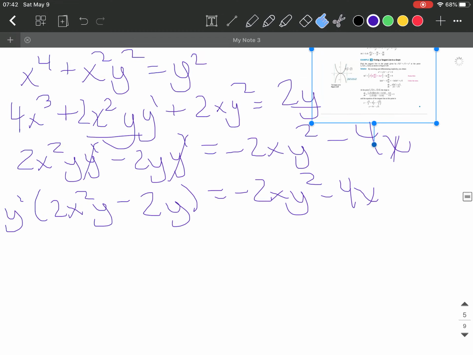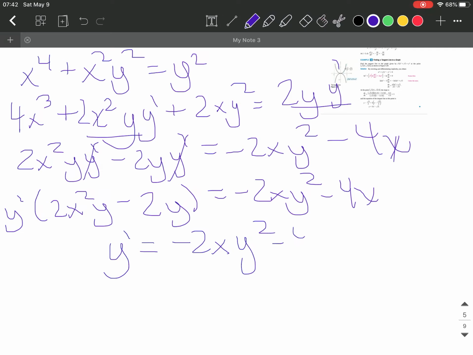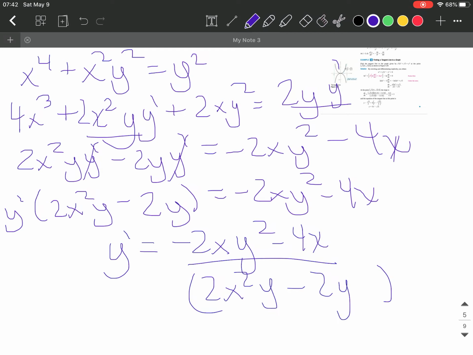Now I would take that dividing over to the other side, and I get y prime equals negative 2xy squared minus 4x over, in parentheses, 2x squared y minus 2y. So that's your general formula for your derivative.